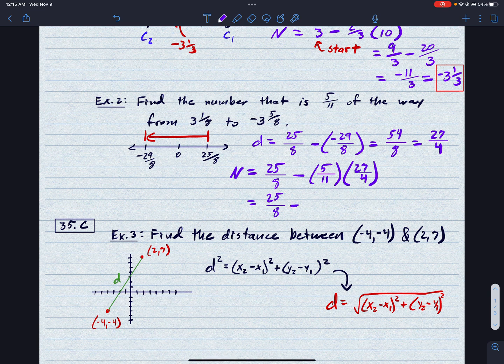minus, I don't see anything that's going to work very nicely with this one, unfortunately. 25, let's see, 5 times 27 is 135 over 44. And 25 over 8 minus 135 divided by 44. It's just weird, ugly fractions, unfortunately.